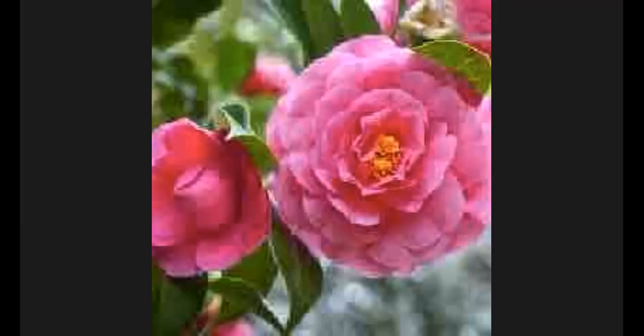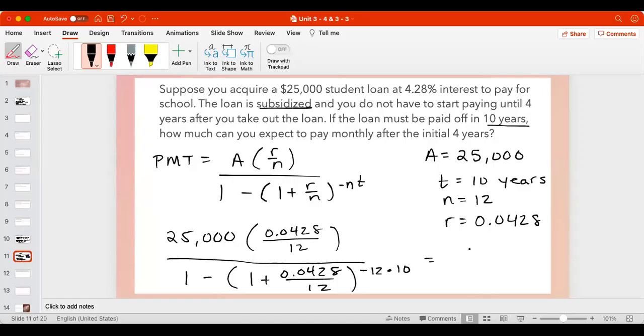Okay, so let's go back to the PowerPoint. So our monthly payment is $256.45. Now, if we want to, we could figure out how much money we're actually going to pay for this loan. So this is the amount we would pay every month for 10 years.